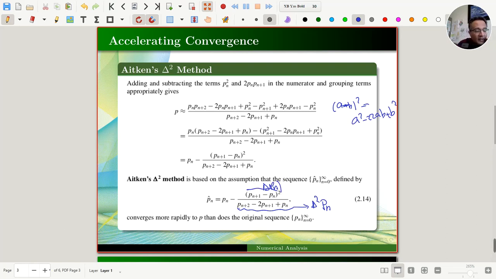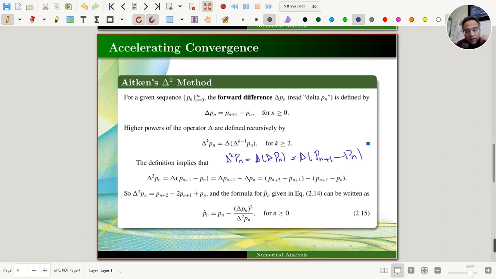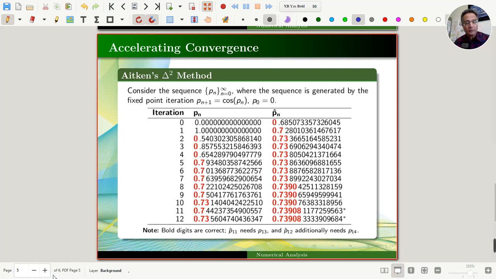Finally, we will get a new form for the sequence: Pn hat is equal to Pn minus delta Pn squared over delta squared Pn for n greater than or equal to 0. For this reason, we call this method Aitken's delta squared method.